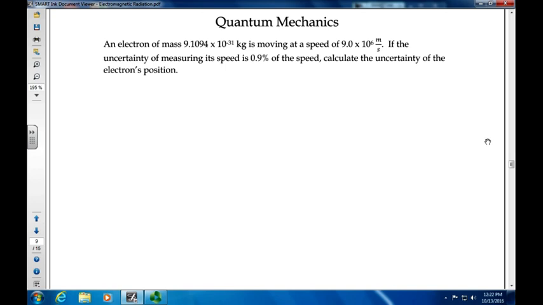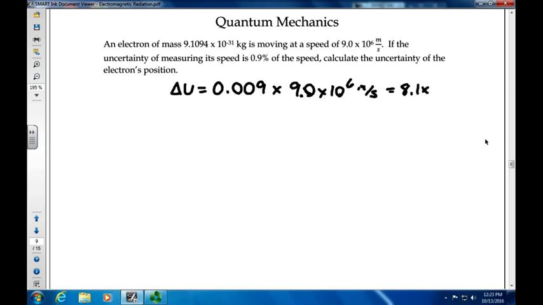The uncertainty, I'm going to call it delta U, for the electron's speed is our percentage in decimal form, so 0.009, times the speed that was given, 9.0 times 10 to the 6th meters per second, which when you do the arithmetic out, you find that it is 8.1 times 10 to the 4th meters per second. So that's our uncertainty of speed.